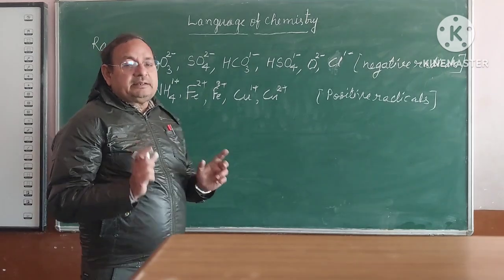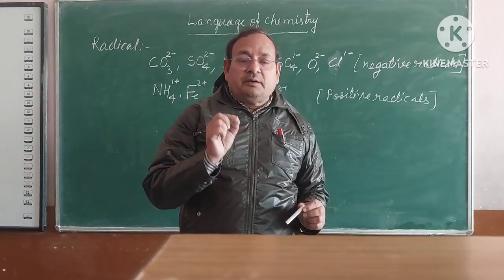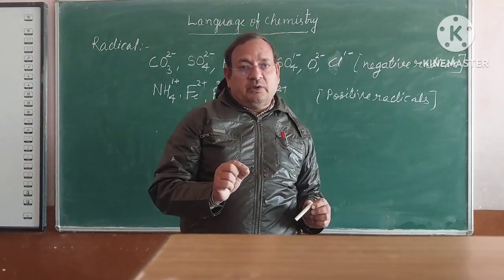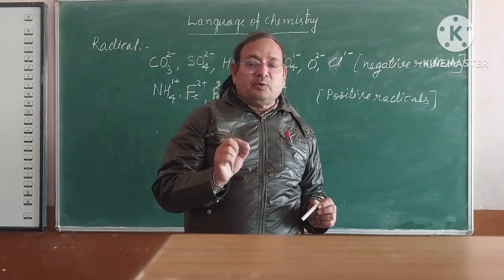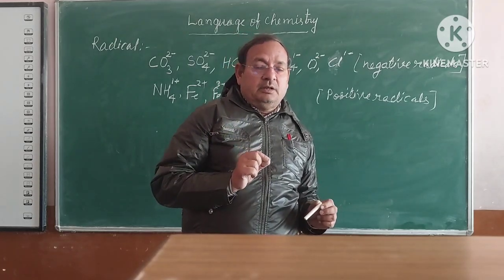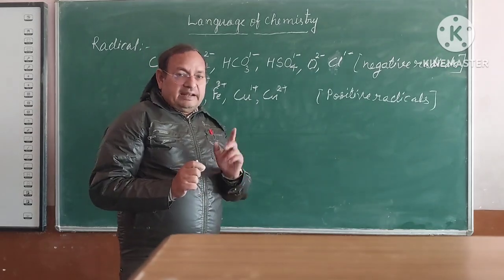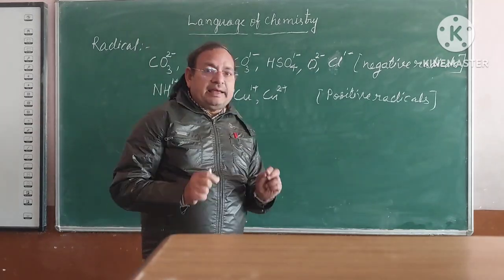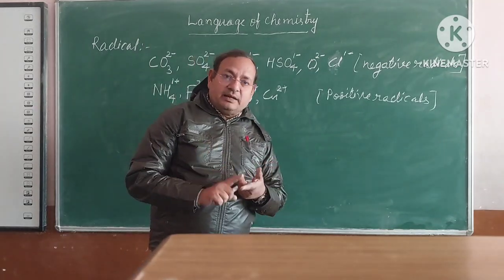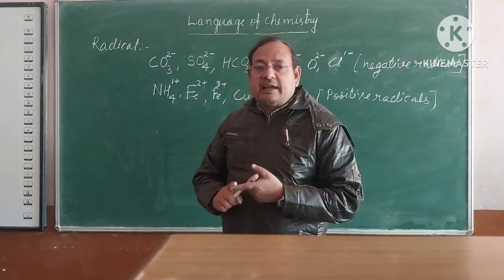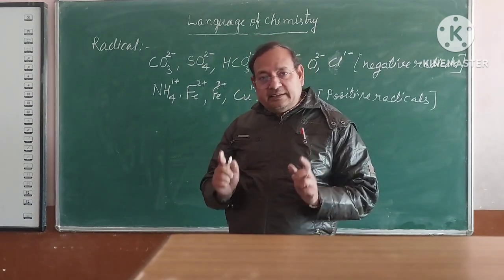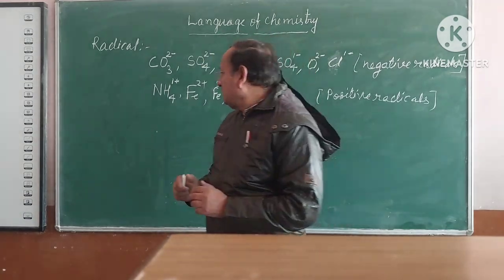Suppose you have to write the formula of calcium carbonate, how will you write this? For writing, first you will write the radicals side by side. First write the positive radical, then write the negative radical.